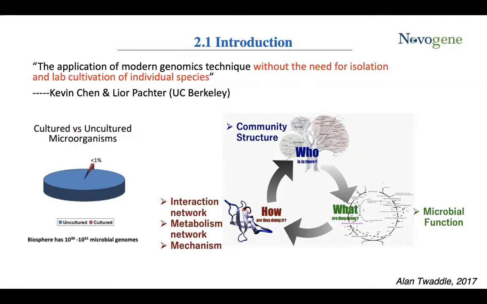So in this case, since it does not need cultivation and it will not introduce bias, by doing shotgun metagenomic sequencing, we will get a more authentic view of the microbial community structure, and how those microbes function within the community, and the mechanisms and the metabolism network, as well as their interactions.